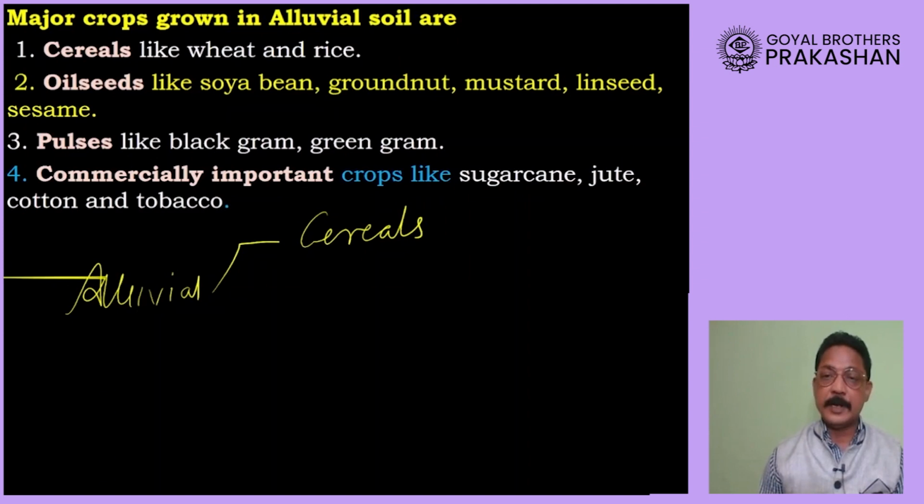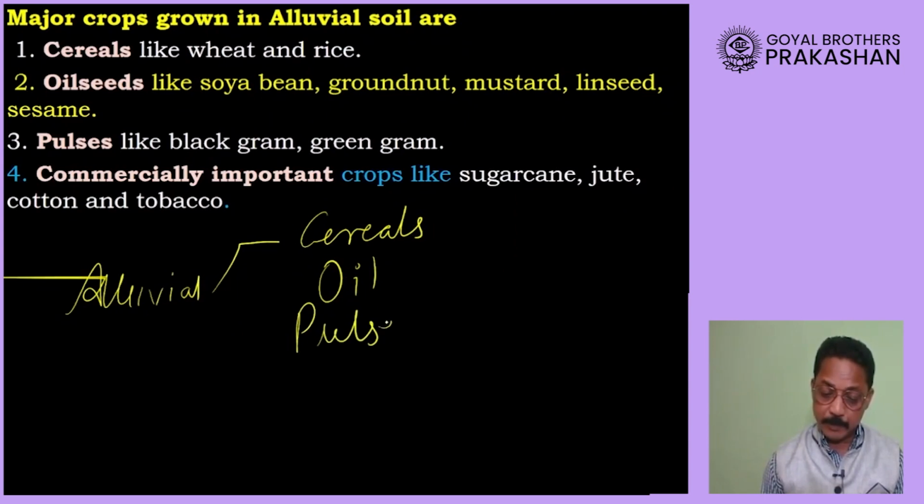Okay, then a variety of oil seeds also grow. Oil seeds are those seeds from which we get oil. So these oil seeds include soya bean, groundnut, mustard. Okay, this soil also supports growth of a variety of pulses like green gram, black gram.